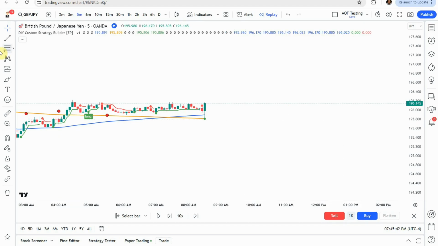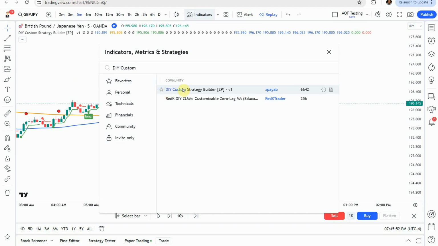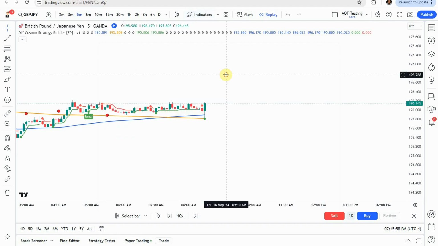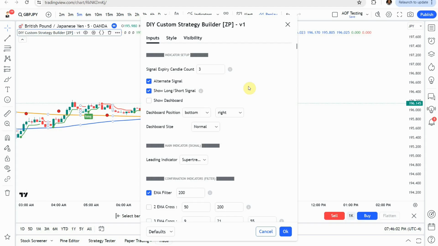And so with that being said, the indicator we are going to use is the DIY custom strategy builder, this one right here. Go ahead and click on that and add it to screen and jump into the settings. What we're going to do is uncheck the show dashboard right here.